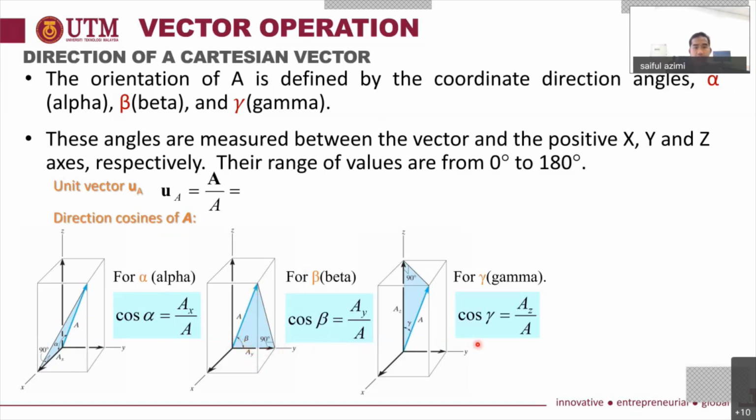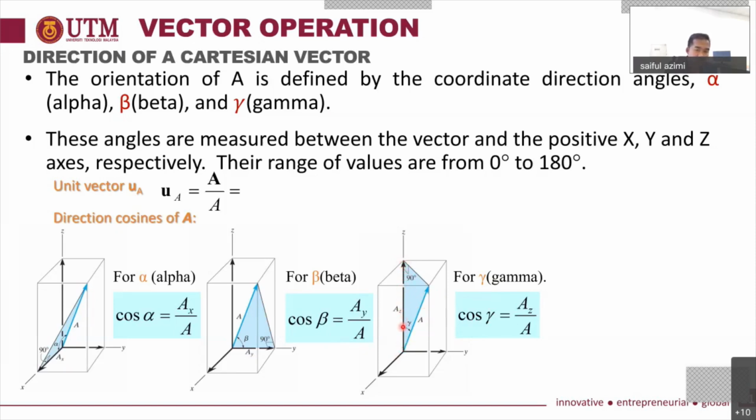Next is gamma. Gamma is obviously for the z-axis. This is the resultant force A here, and this is the z-axis. So it will come from this z-axis. The positive is here, from the origin pointing upwards.